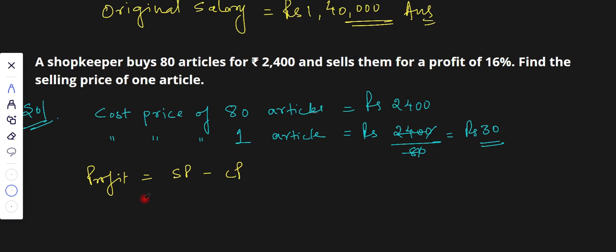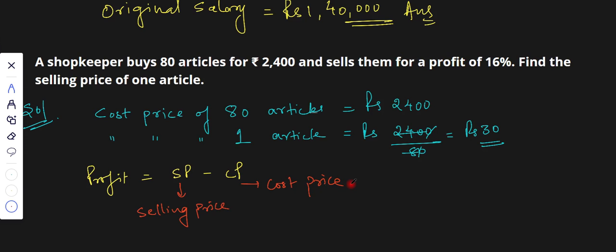So let's say SP, we don't know the value of SP here. So profit is SP minus CP. SP is the selling price of that article, and CP means cost price of that article.